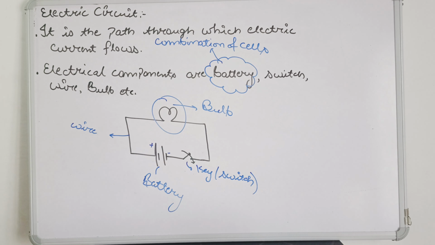When this bulb lights up, when this bulb glows, the energy produced over here is light energy. Now, where does this light energy come from? This light energy comes from the electrical energy, because we know that energy can only be transferred from one form to another. Therefore, first the chemical energy gets converted into electrical energy, then the electrical energy gets converted into light energy as well as heat energy.